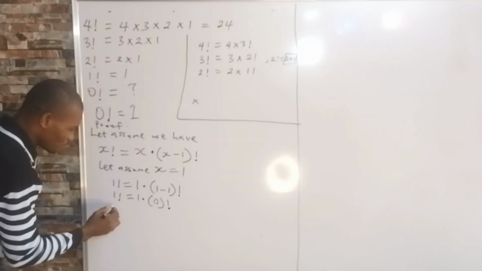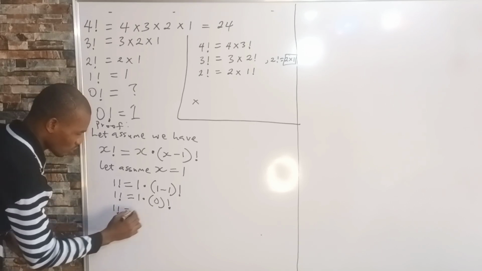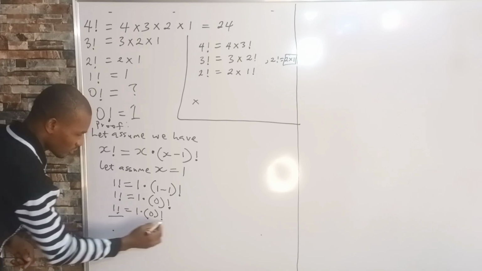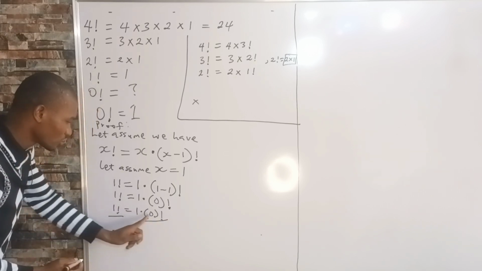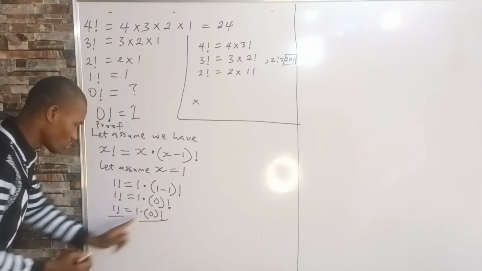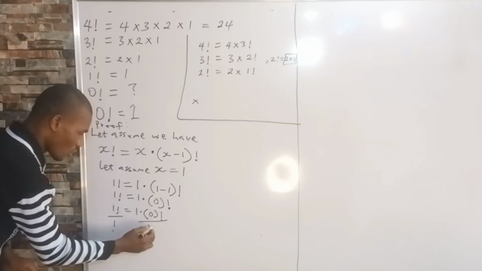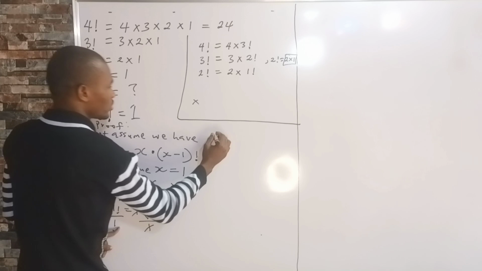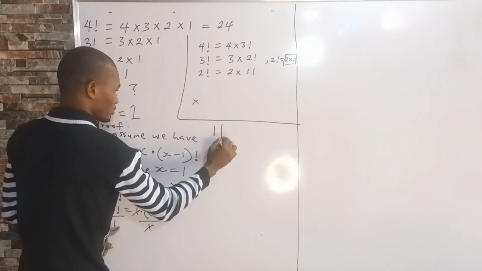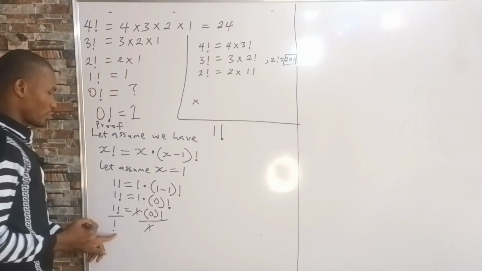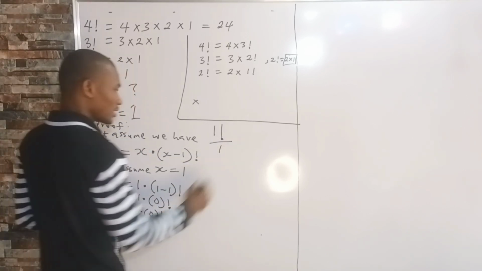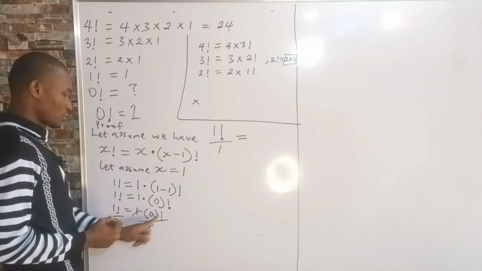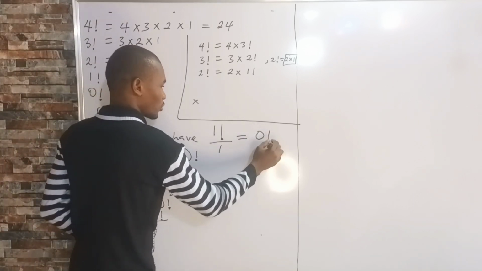Now, this is 1 factorial equal to 1 dot, in bracket, 0 factorial. If I divide both sides of the equation by the coefficient of 0 factorial, which is 1, 1 will cancel out 1, and we are left with 1 factorial over 1, and that is equal to, coming to the right hand side, we are left with 0 factorial.